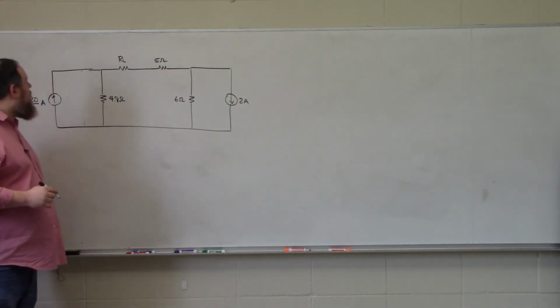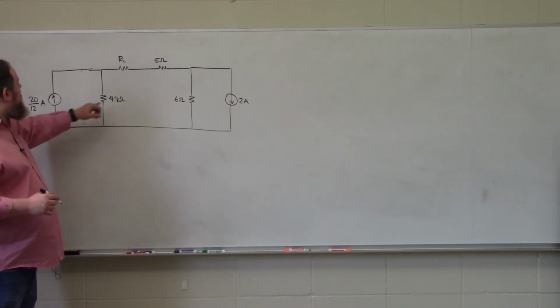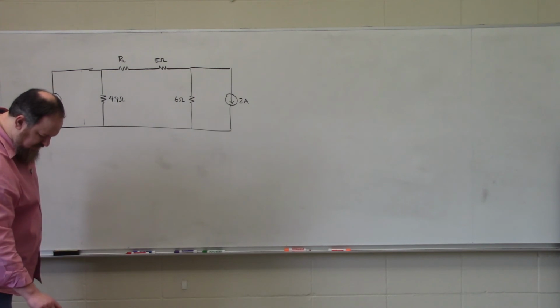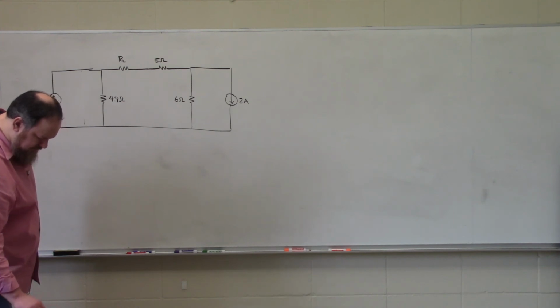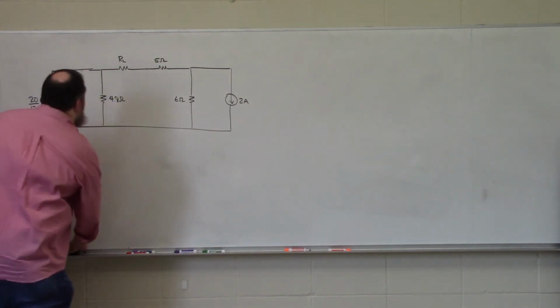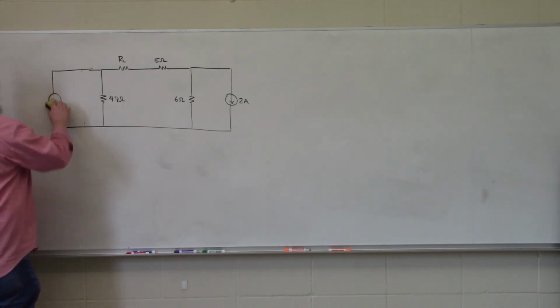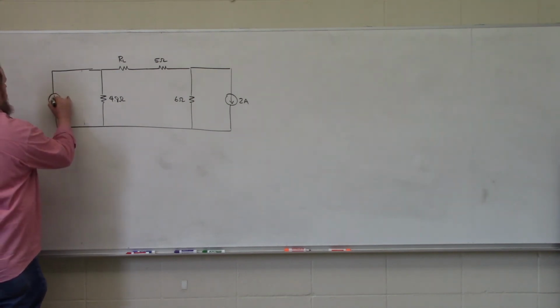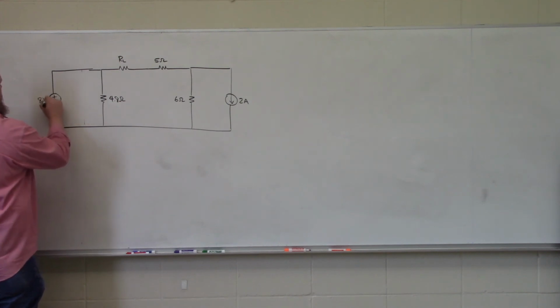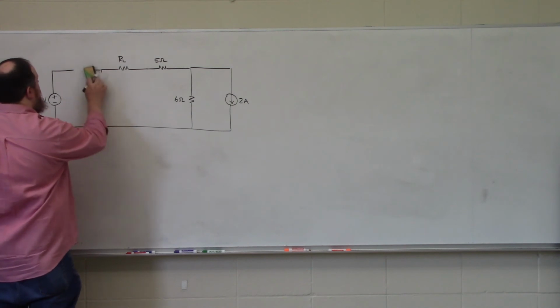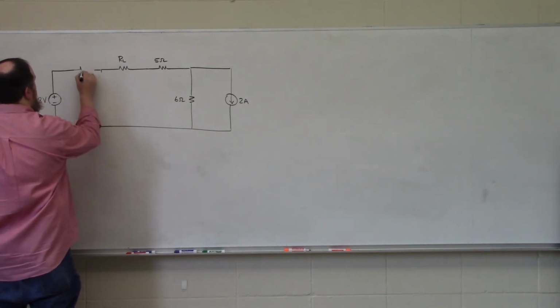Now, I'm going to go ahead and transform this back into a practical voltage source. So that's 20/12 times 4.8 gives me an 8 volt source in series with a 4.8 ohm resistor.